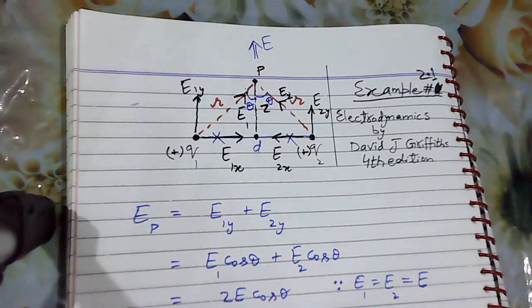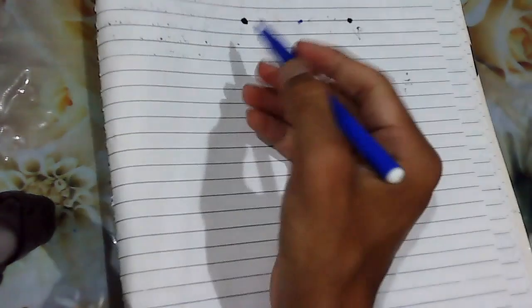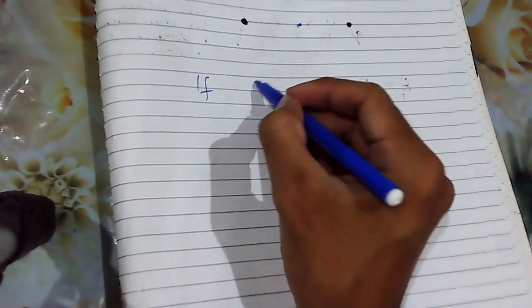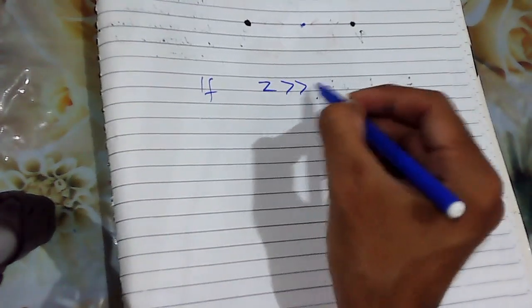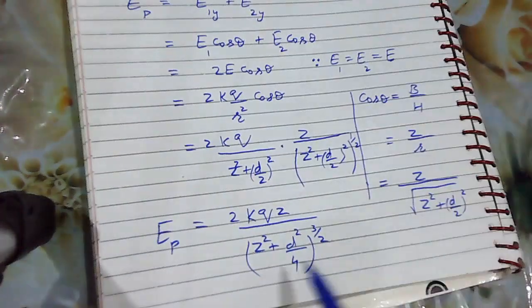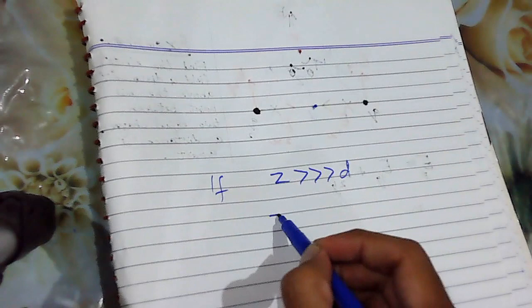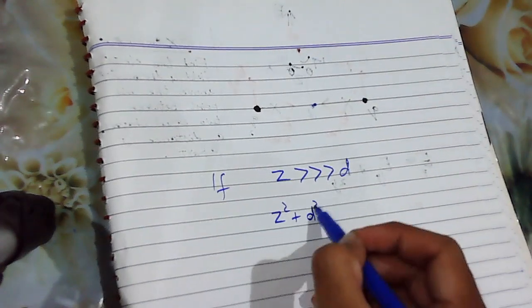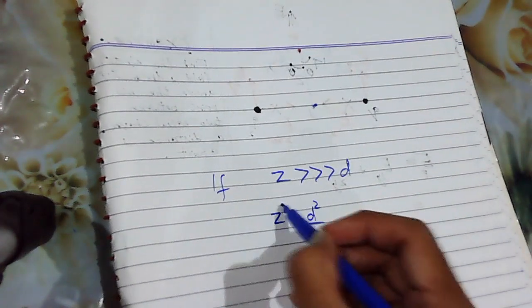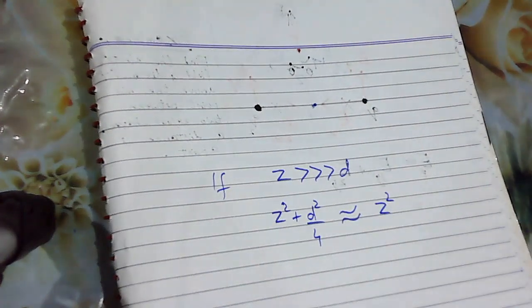Let's solve for that special case. In that case, if z is very much greater than d, then definitely z square plus d square by 4 will approximately be equal to z square.